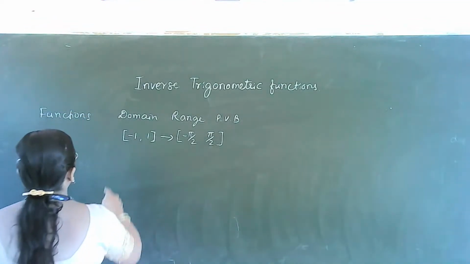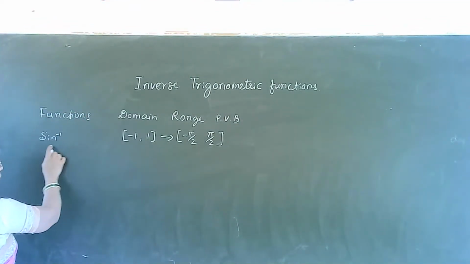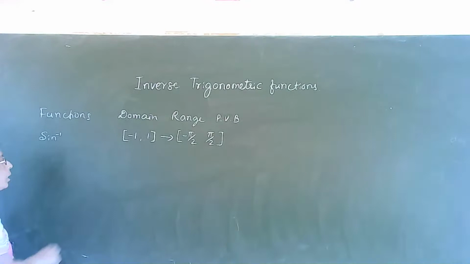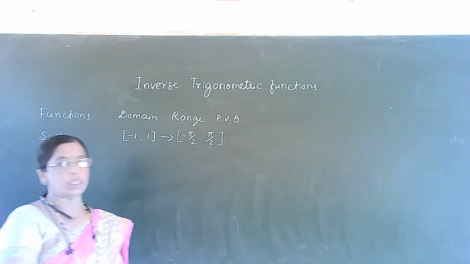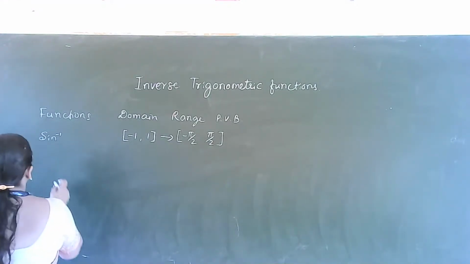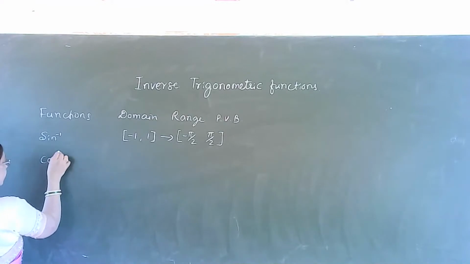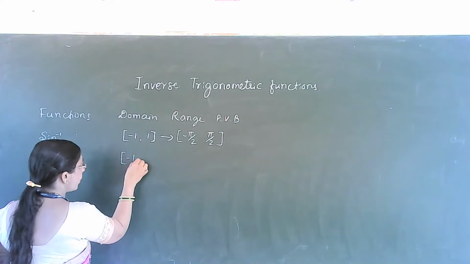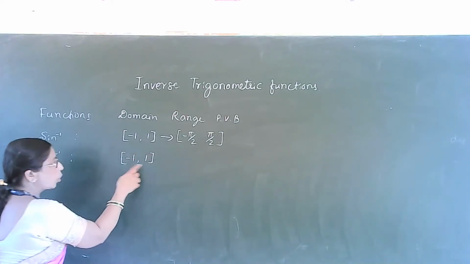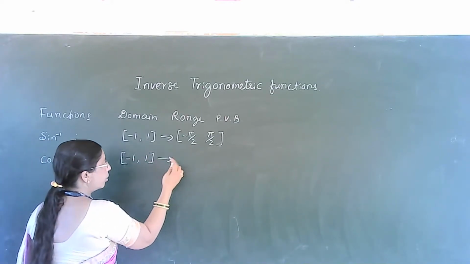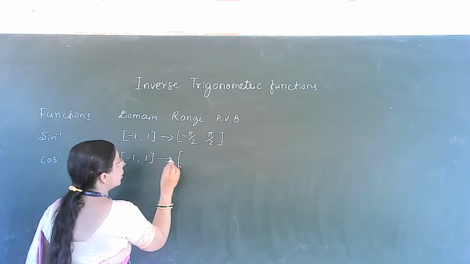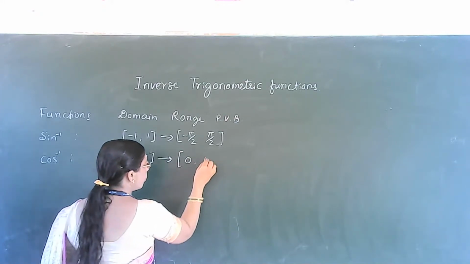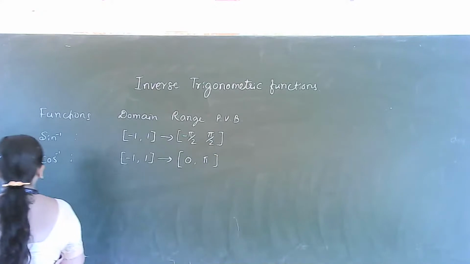Then it's invertible, and then only we write the domain and range of this function. Then cos inverse: the domain is again -1 to +1, a closed interval, and the range is 0 to π.